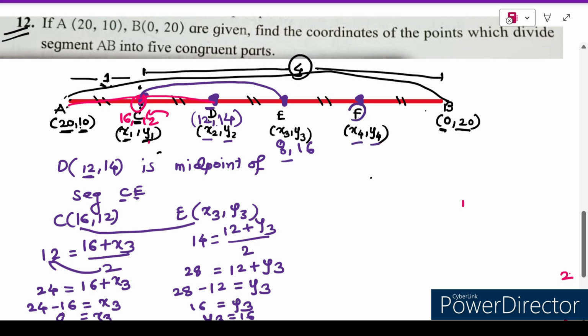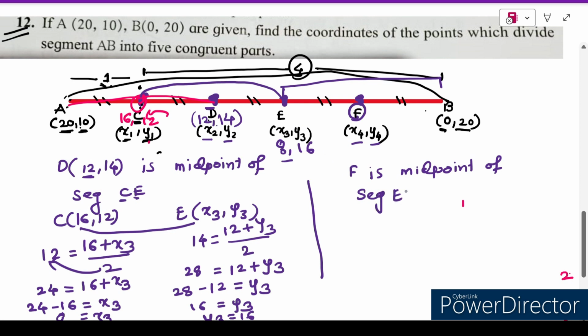Now this point F is the midpoint of segment EB. Therefore, by the midpoint formula, the coordinates of F, that is x4 comma y4, can be found from E, with coordinates 8 comma 16, and B, with coordinates 0 comma 20.